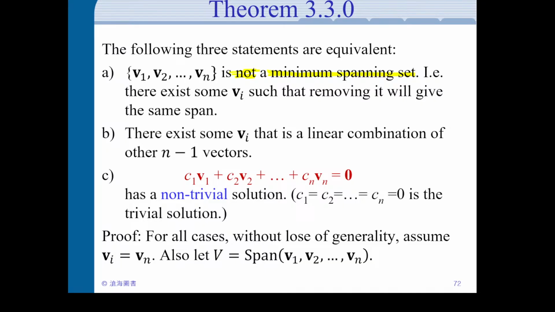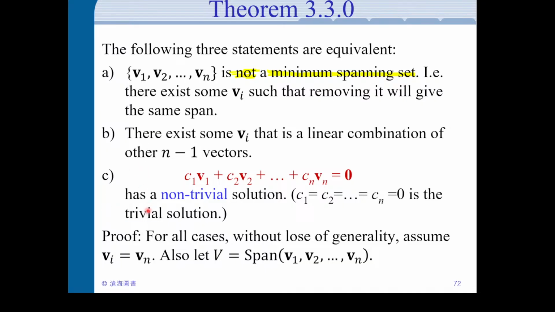So these 3 statements are equivalent. The first is that they are not a minimum spanning set, and the second one is that there is some vi that you can write as a linear combination of the others. In our proof, we'll just assume this vi is vn because really any one of them is the same.